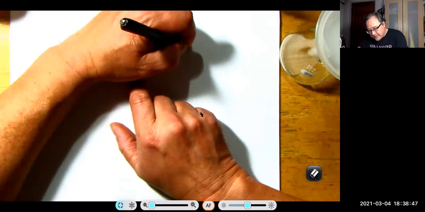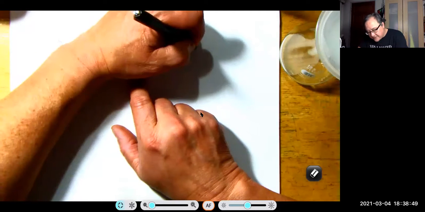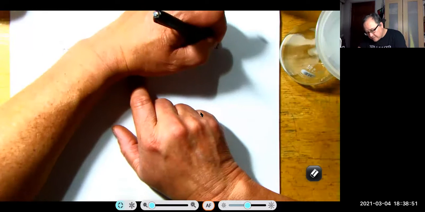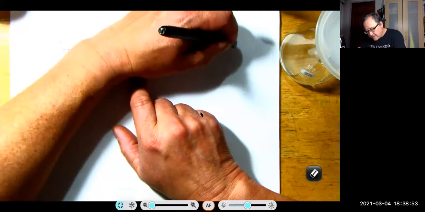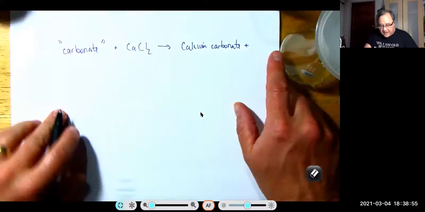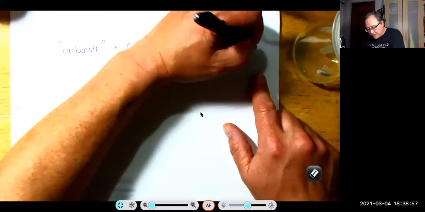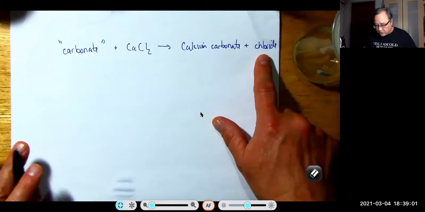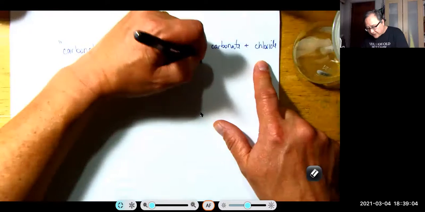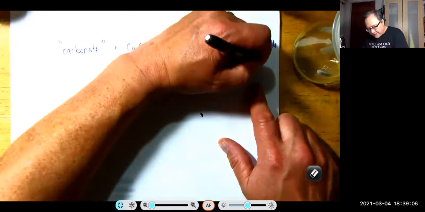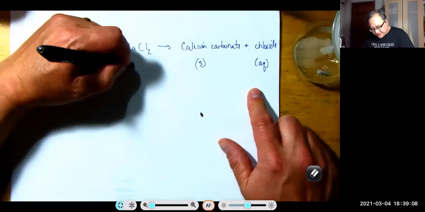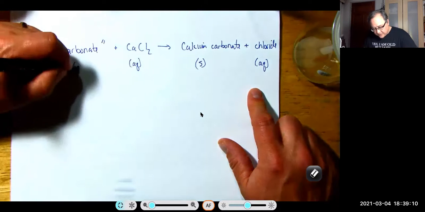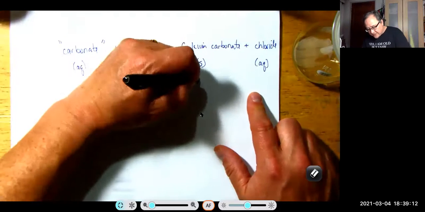You're making calcium carbonate, and you're making a chloride over here, either lithium chloride, potassium chloride, or sodium chloride. This is going to be a solid. This is going to be aqueous. This is aqueous, and this is aqueous. So this is what you're going to collect.